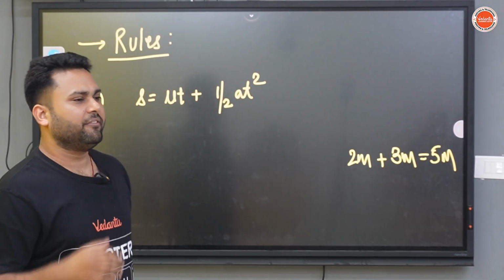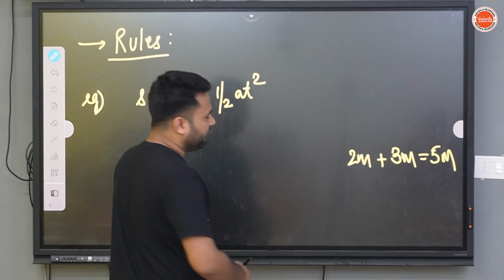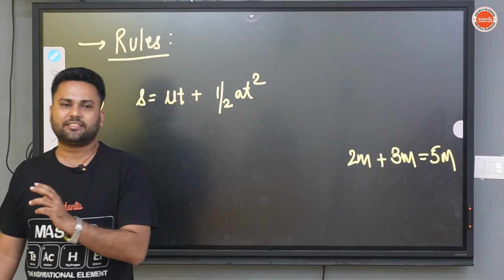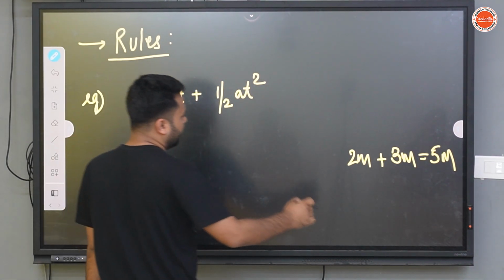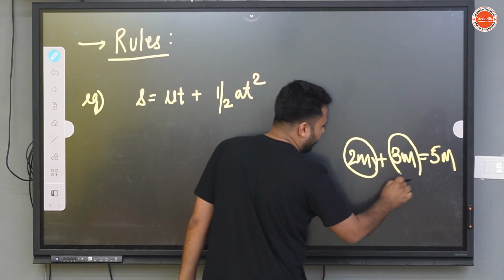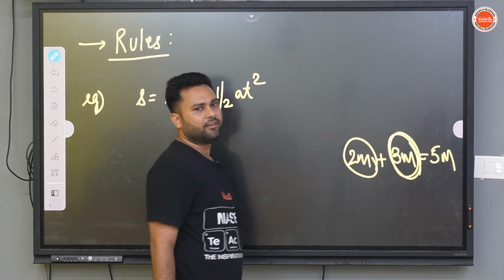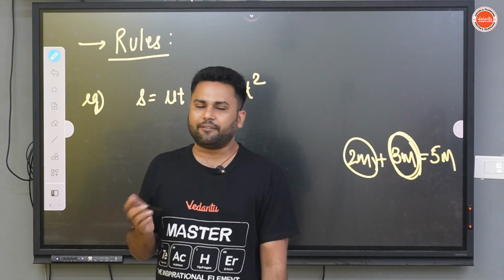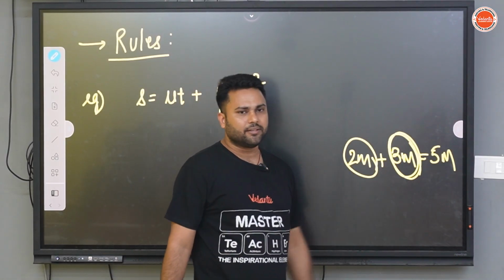So always remember, we can add or subtract only when each and every term has the same dimension. This has the dimension of length, this will also have the dimension of length only, and the result we get will also have the dimension of length.